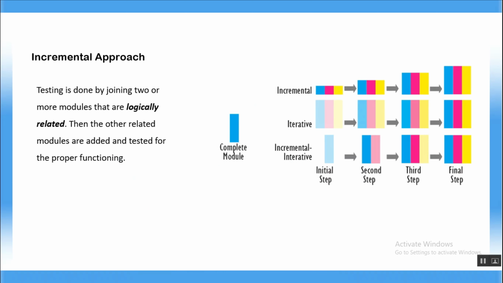Next, coming to the incremental approach. After unit testing is completed, the developer performs integration testing. It is the process of verifying the interfaces and interaction between the modules. While integrating, there are lots of techniques used by developers, and one of them is the incremental approach.